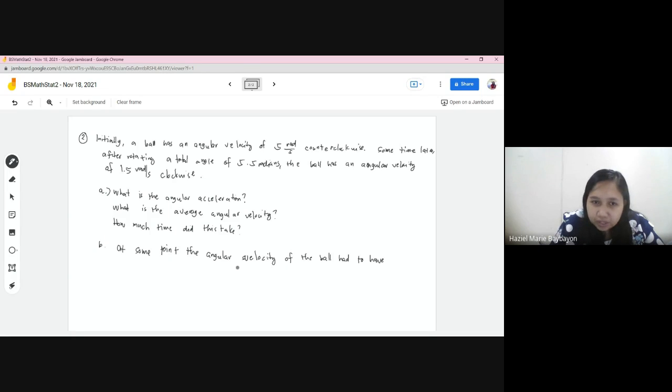So at some point, the angular velocity of the ball had to have a zero angular velocity.